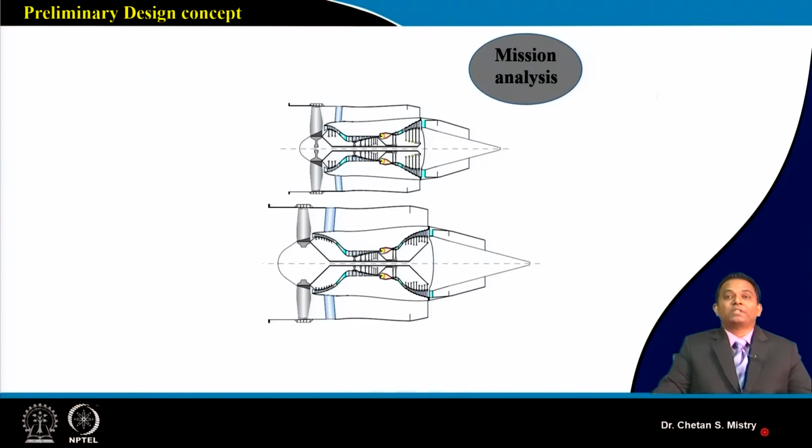Mission, in the sense, we must have information about parameters like thrust requirement, what will be my flying Mach number, how many engines we are looking for, and where we fit those engines. We have a special kind of flight envelope.